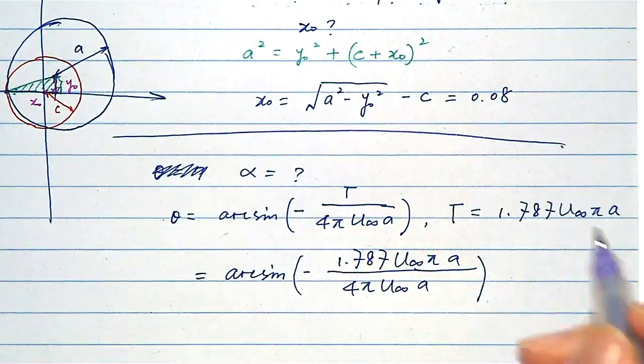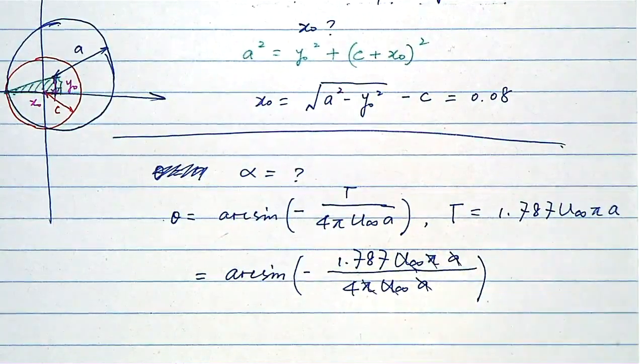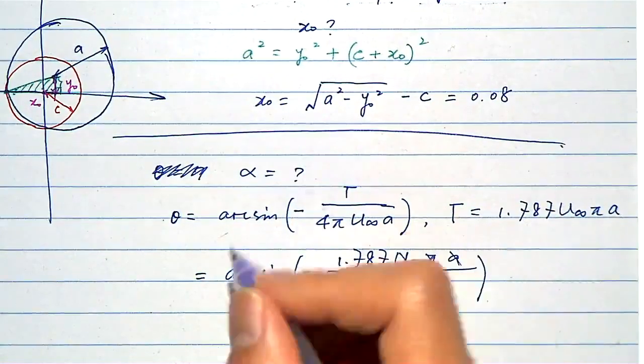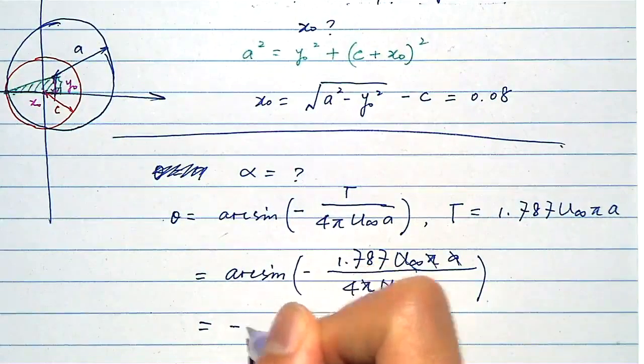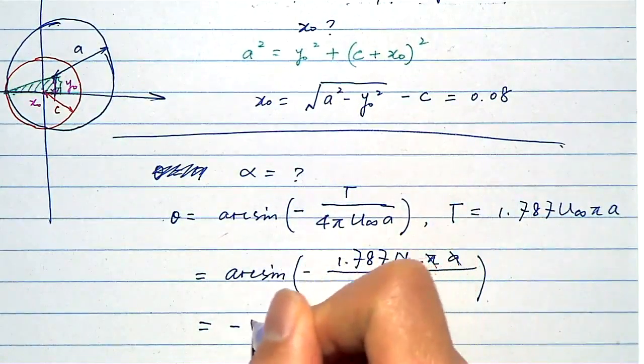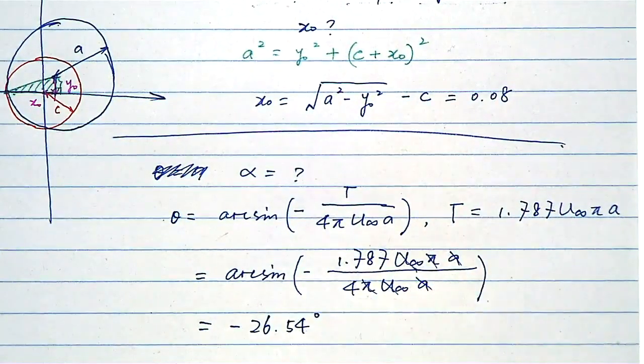So this can be cancelled out. And we find that theta is minus 26.54 degrees according to my calculation. Feel free to check the math.